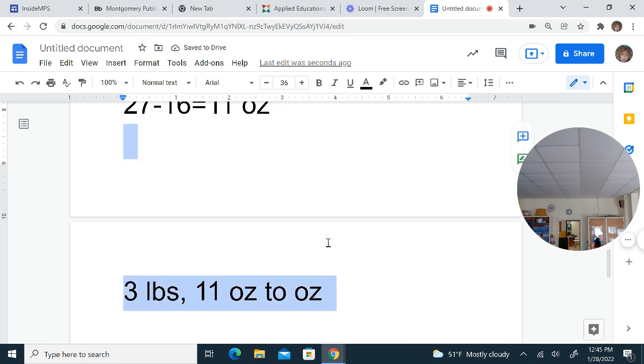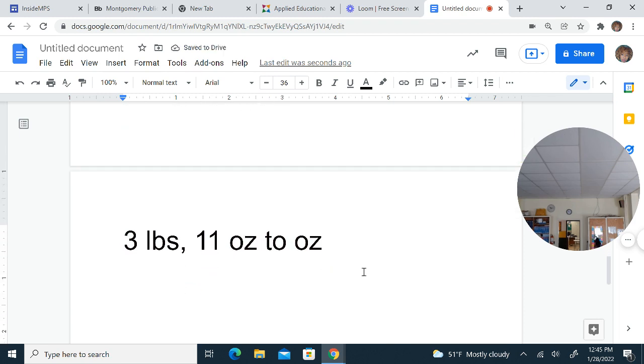All right. So we know 1 pound equals 16 ounces. All right, what's our first step? We're going to multiply 16 times 3, which gives us 48.